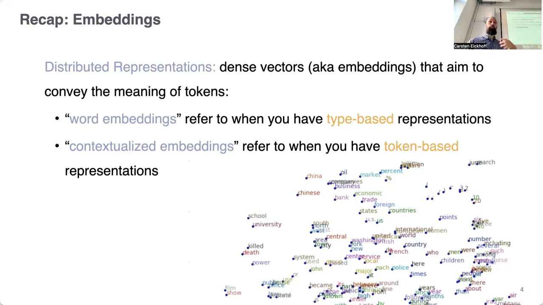So this is also why we call them type-based embeddings. And contextualized embeddings, and we'll develop those today, that show us more of this property of every time you see a mention of the word, this is a slightly different embedding. We'll see what that means and where that happens here.